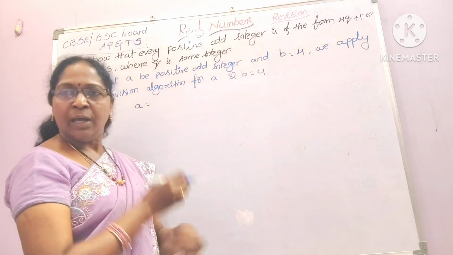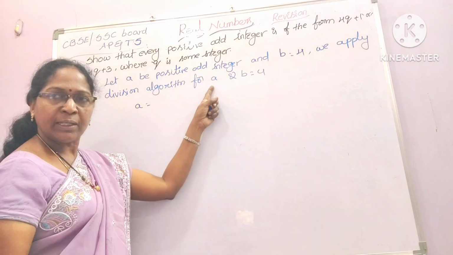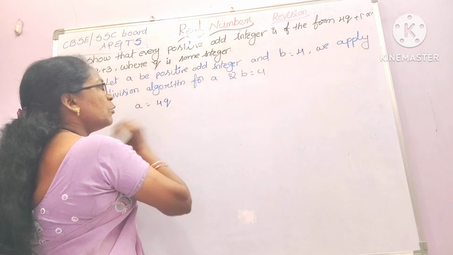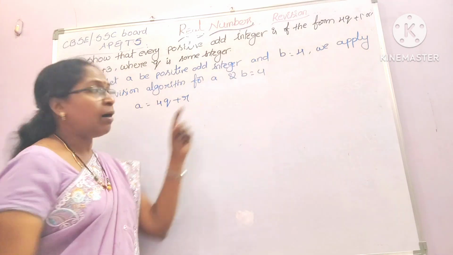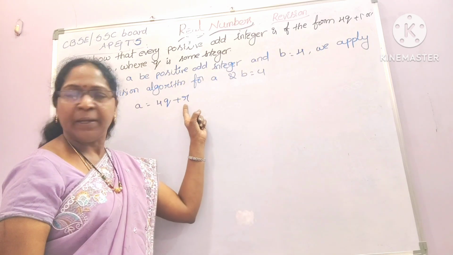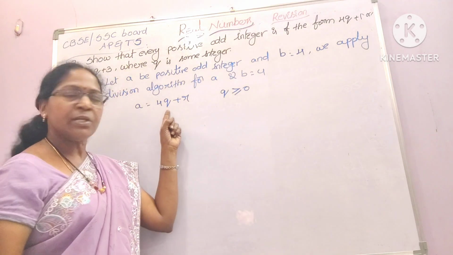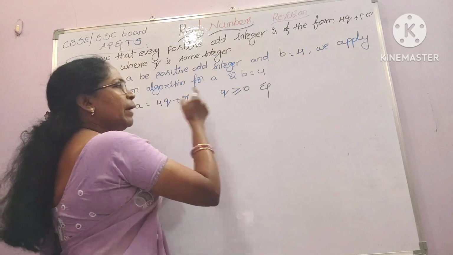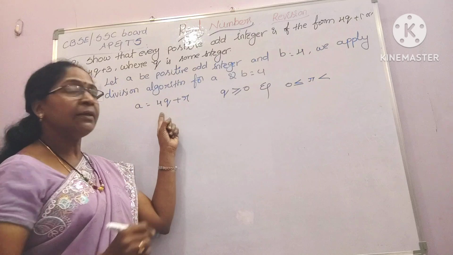A equal to BQ plus R. A value is not given, so directly write A, and B value is given as 4, so BQ is 4Q plus R. A equal to 4Q plus R. Here Q is nothing but the quotient and R is the remainder. The quotient value is always greater than or equal to 0, and the remainder value is always greater than or equal to 0 and less than the B value.